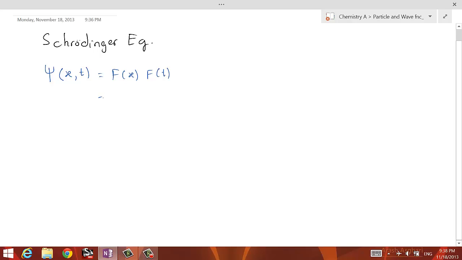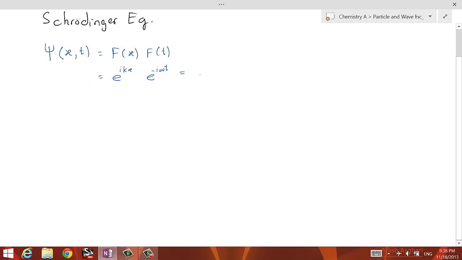For the x part, the function will be e to the power of i k x, and for the time part it will be e to the minus i omega t. This equals e to the i (kx minus omega t). So this is my equation.